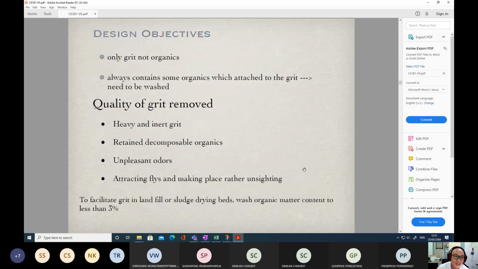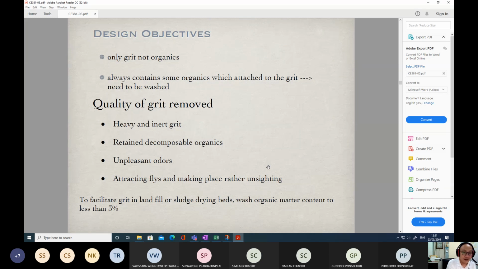So that is all for the grid chamber. And at the end, the objective of the grid chamber is only for grit removal, not for organic removal.